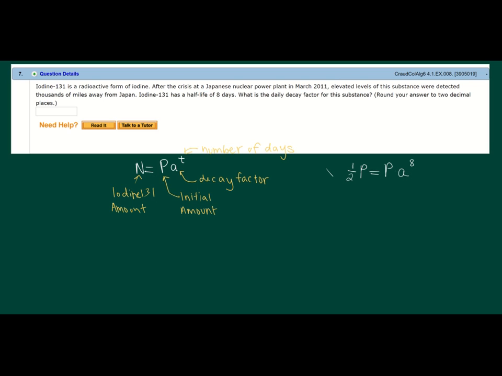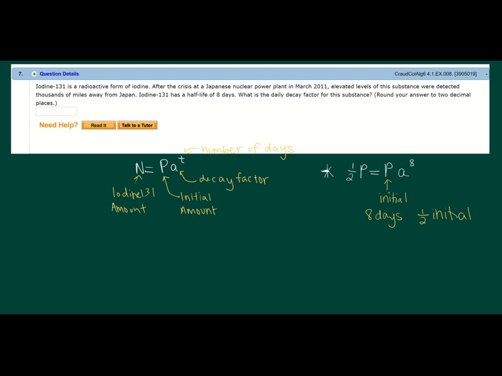You can see here that I've written the same formula, but with some of the information that they gave us in the context of the problem. P is still the amount that we initially have of this iodine substance, so it's still the initial amount. Now, all we know is that 8 days after the initial measurement of the iodine, we have half of the initial amount of iodine left. That's the idea of a half-life.